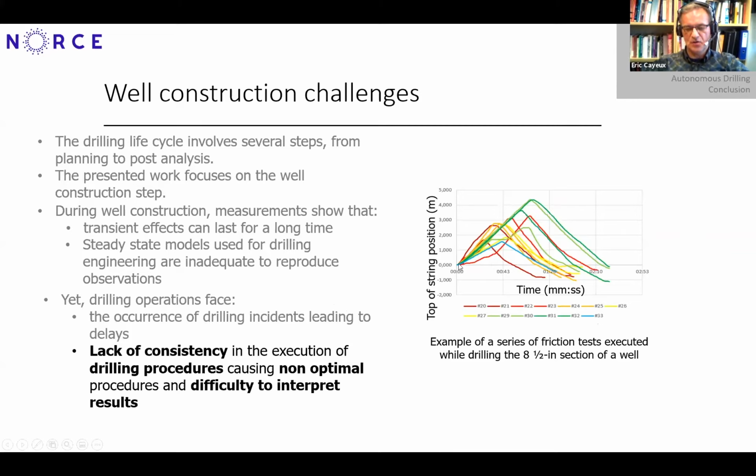Through this sequence of friction tests, you can see the variations in how they are executed. Some of them are far too short, some of them are far too long. They are not consistent, and it's much more difficult to interpret the information captured after those friction tests. So consistency is also a problem when everything is driven by human beings.